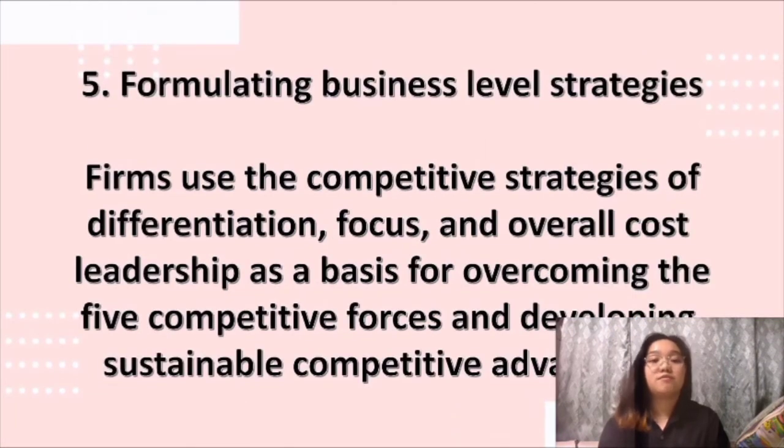Fifth step is formulating business level strategies. As a framework for overcoming the five competitive forces and creating sustainable competitive advantages, businesses use the competitive techniques of differentiation, concentration, and overall cost leadership. In some competitive environments, combinations of these strategies can work best.